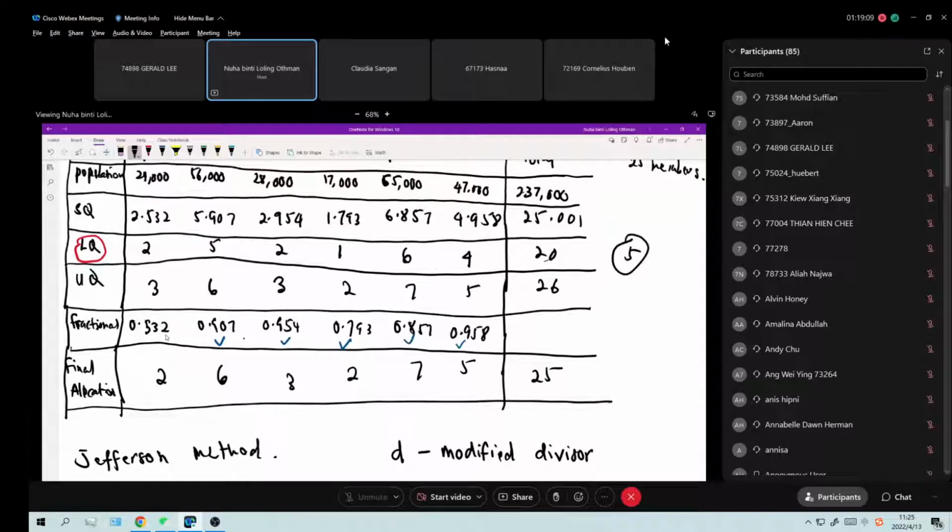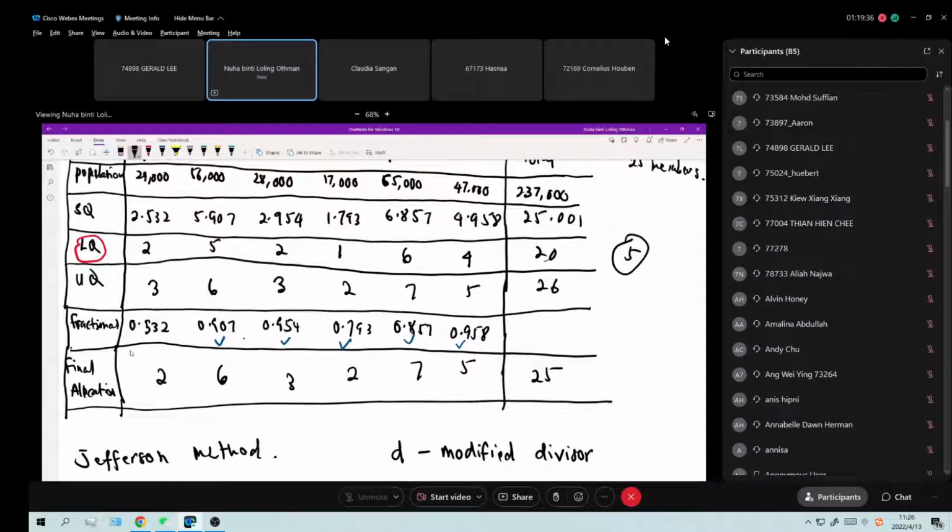The Hamilton method plays around with the fractional parts, and they want to avoid the paradoxes that happen when you use the Hamilton method. So that's why they created another method, the Jefferson method.